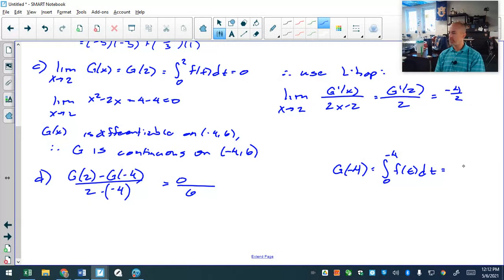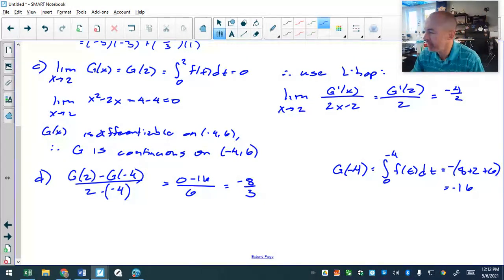I'm going to break that up into a rectangle with area 8, going from 0 to negative 2. There's a triangle above that with an area of 2, and then from negative 2 to negative 4, I see a triangle with a base 2 and a height of 6, so that's going to be an area of 6. And so we get a value of negative 16. And so I'm getting negative 8/3 for the average rate of change of g.